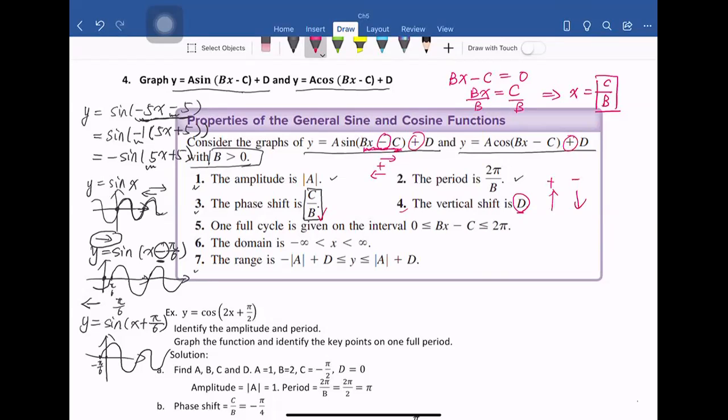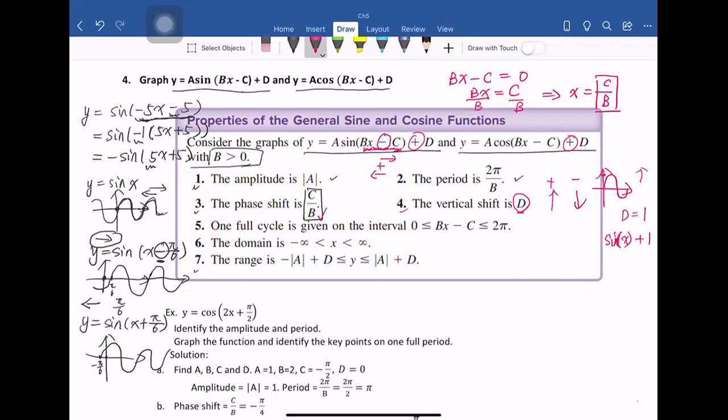For example, this is sine theta, or sine x. If I say d equals 1, the expression is sine x plus 1. So all of this graph is moving upward 1 unit.